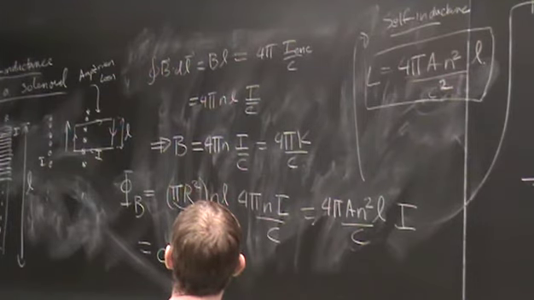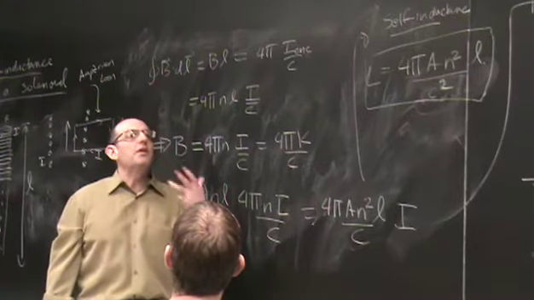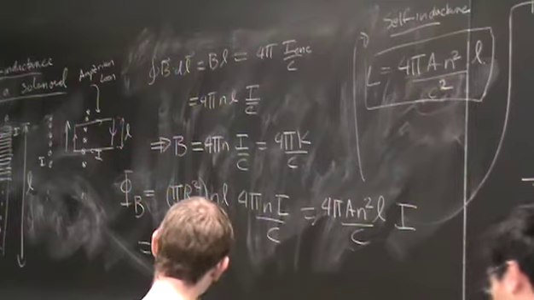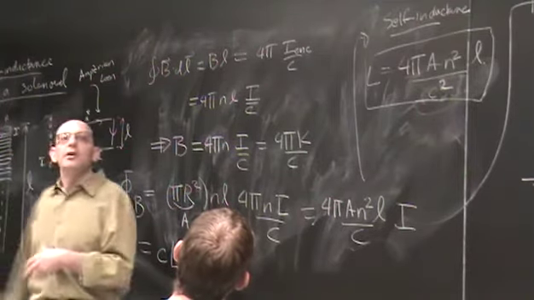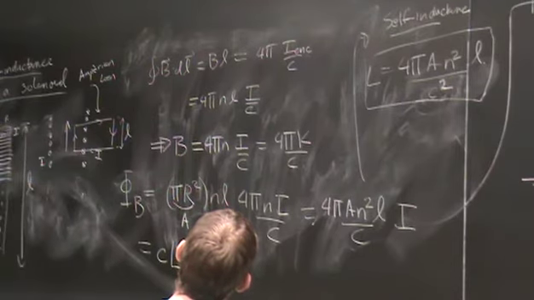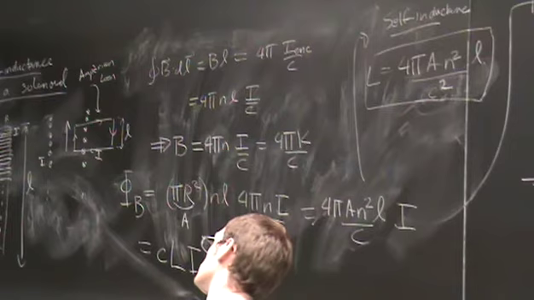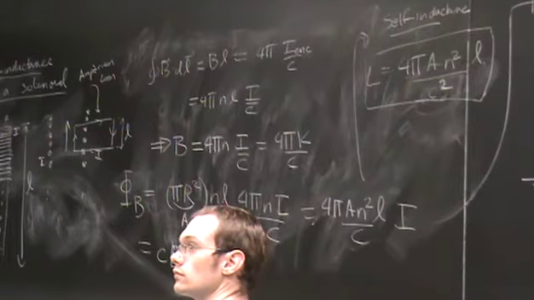So, before we conclude here, of course, we note there's been a bit of a sleight of hand in this whole discussion today. When I calculated the energy necessary to create this current distribution, notice what I did. Let's go back over here.